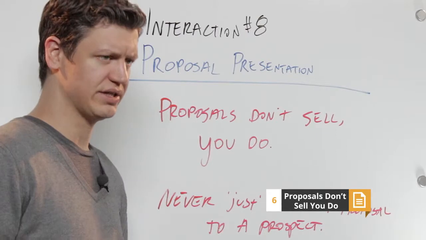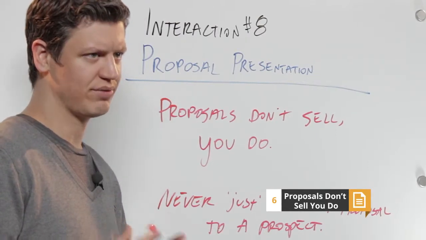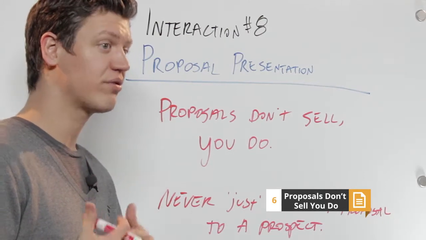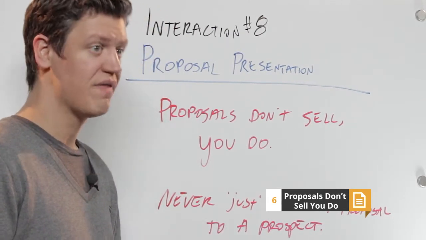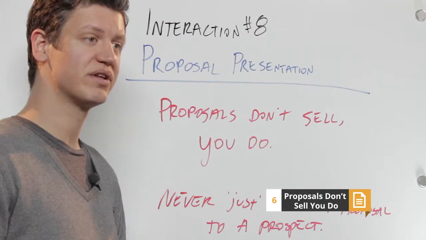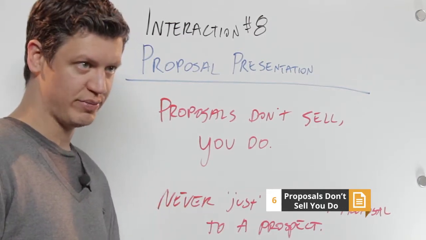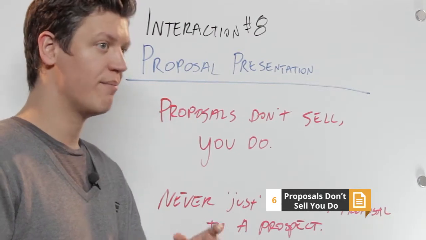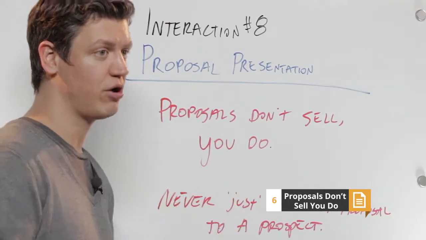And at the very least, if you do end up putting something in that you think is kind of out there, make sure that when you're going through your proposal in your presentation that you call that out, that you specifically say, now I know we didn't discuss this piece, but while I was thinking about it, I think this function might solve this pain or problem in your business.